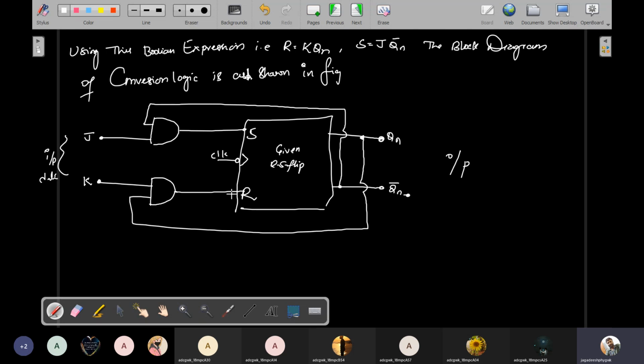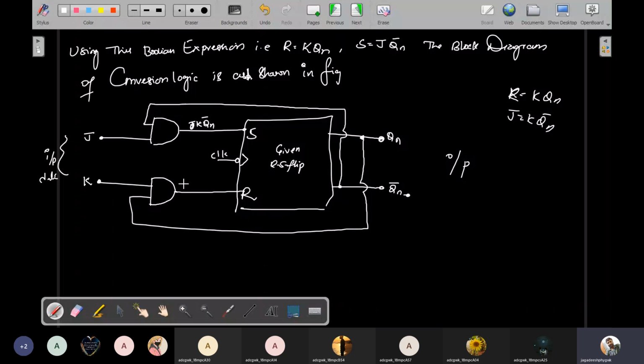So therefore using the AND gate, what is the product of this AND gate? See, the AND gate product is K Qn, so R is equal to K Qn. This is the Qn symbol, and simply S is equal to J Qn bar. So this is Qn bar, which is connected to one of the inputs of the first AND gate, and the output becomes J Qn bar.